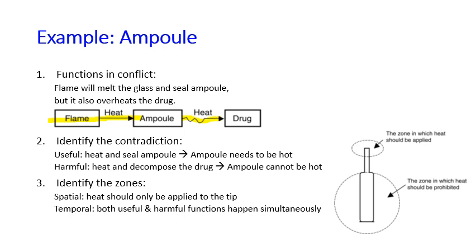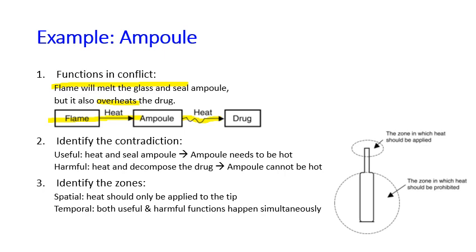The drug should not be exposed to the heat, but because of the heat that is going to seal the ampoule, somehow it also heats the drug. So the flame will melt the glass and seal the ampoule. This is a useful function, but it also overheats the drug, which is a harmful function.